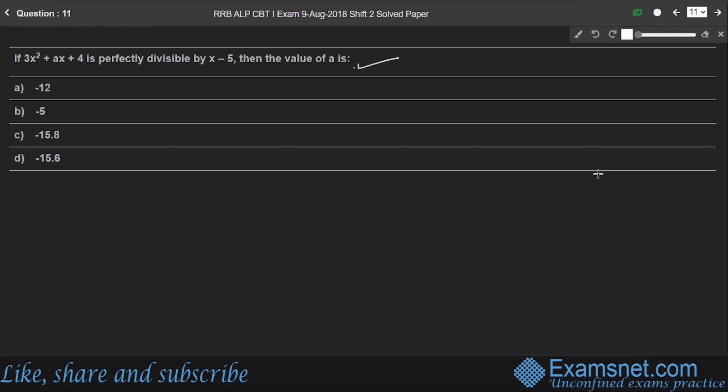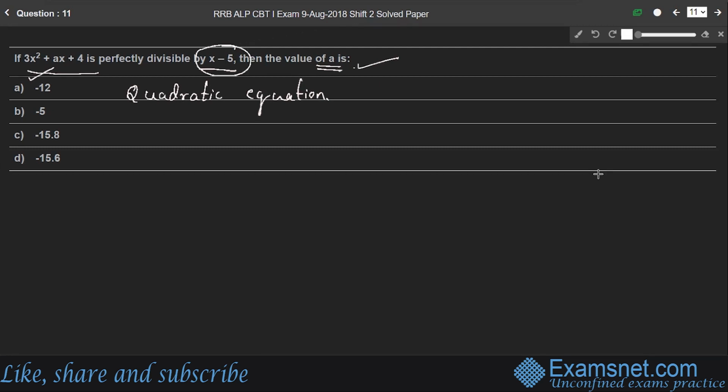Question number 11. If 3x squared plus ax plus 4 is perfectly divisible by x minus 5, then the value of a is. So here the first thing is 3x squared plus ax plus 4 is a quadratic equation, right? Therefore, this quadratic equation can be written as a product of its factors.